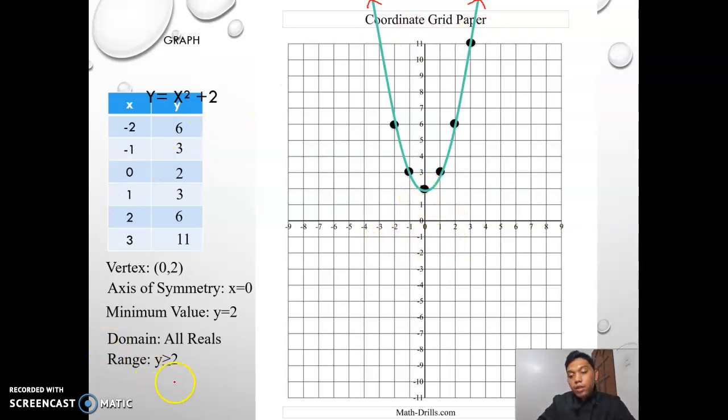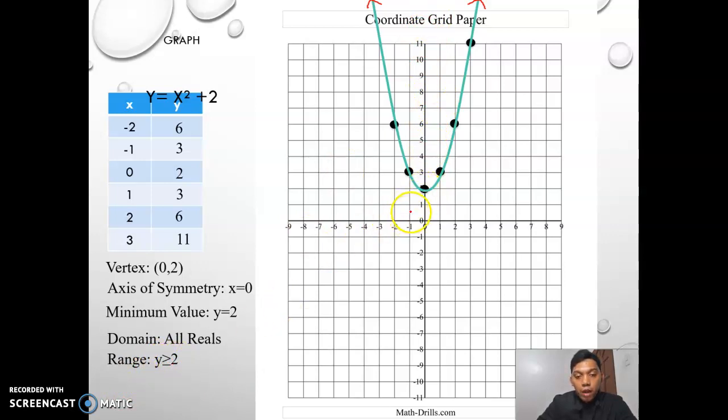The range here states that y is greater than or equal to 2. Meaning, if the graph faces upwards, the numbers go up. From 2, since 2 is included, that is why we have an equal symbol, it goes on and on until infinity. So that is why y is greater than or equal to 2.